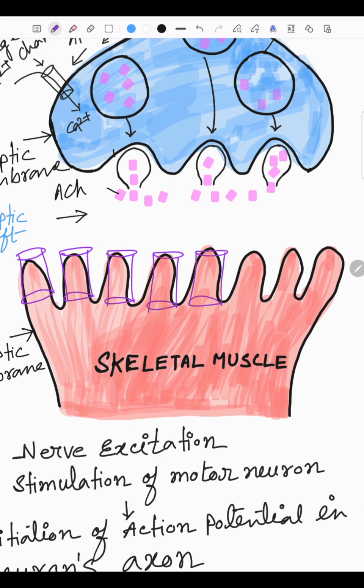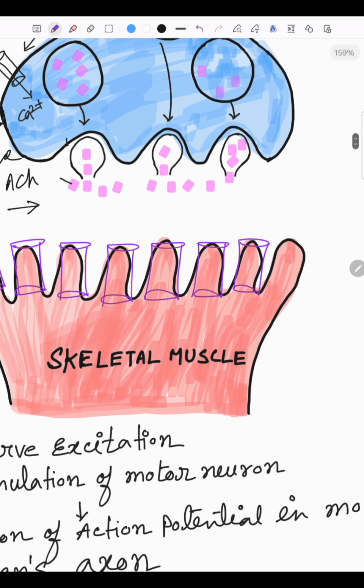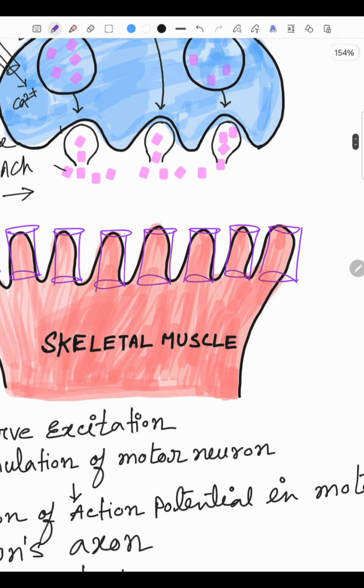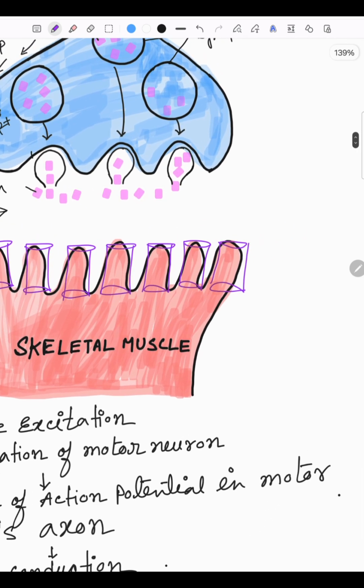Acetylcholine receptors are pentameric receptors. They have 5 subunits: 2 alpha, 1 beta, 1 gamma, 1 delta. Okay, so they are the acetylcholine receptor.